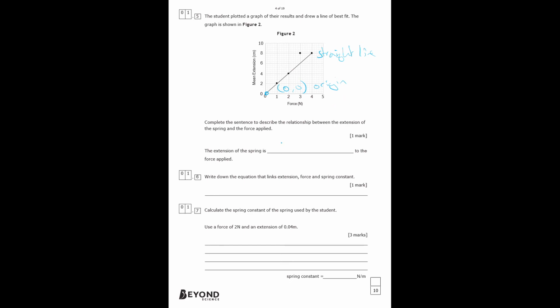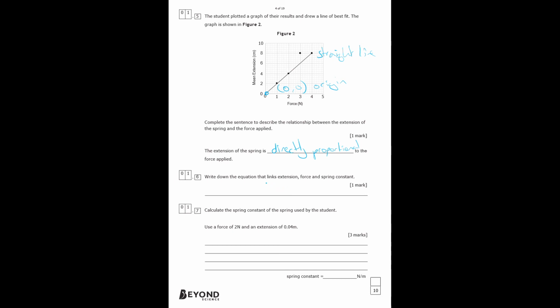A straight line through the origin. Complete the sentence to describe the relationship between the extension of the spring and the force applied. The extension of the spring is something to the force applied. Well, whenever we have a straight line through the origin, our two quantities are directly proportional. They increase at the same rate.